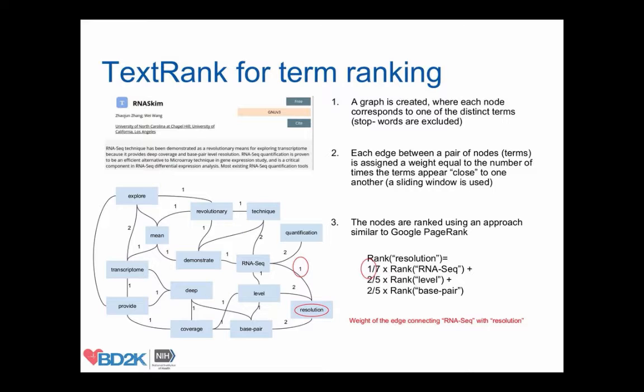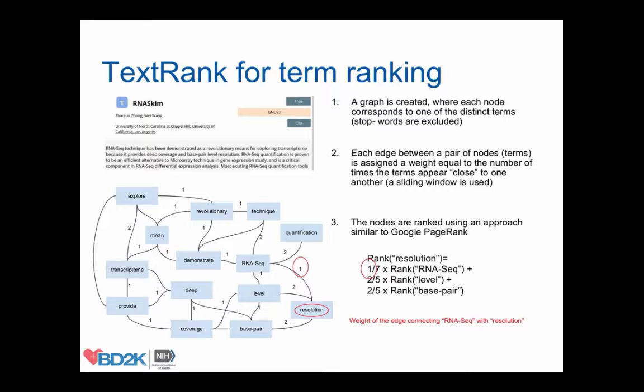The idea is that we can create a graph of all the terms, showing an example from a simple description of a tool. Then we can measure the importance, the rank, of each individual term through the frequency of its connections with other terms. Connection means co-occurrence in this particular case.